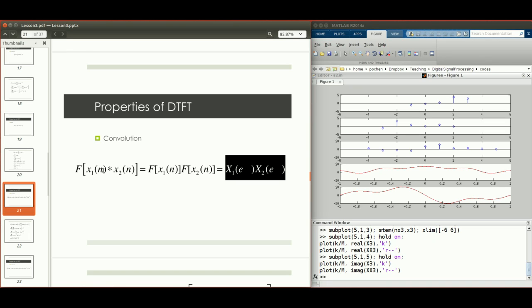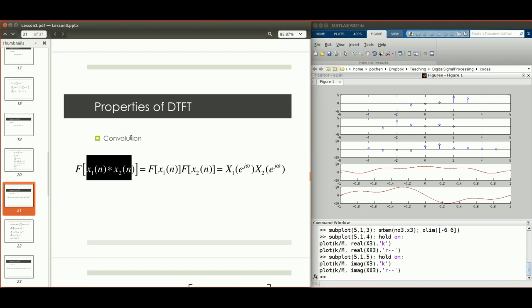So whatever laws are applicable to multiplication are applicable to convolution in the time domain, right? Multiplication in the frequency domain has the commutation property, the association property, and also the distribution property if you consider summation or subtraction, that kind of thing, right?